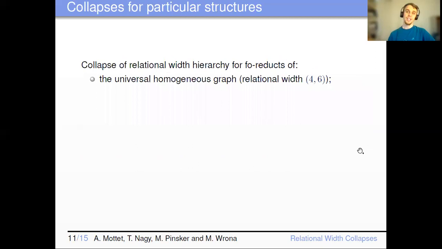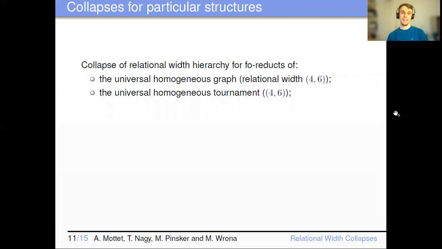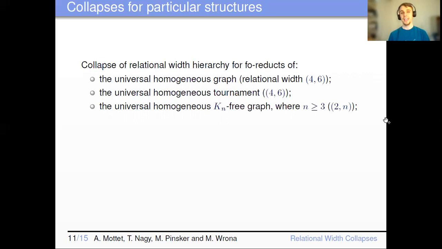And this result actually enables us to obtain a collapse for first order reducts of many interesting structures. So for example, the reducts of the universal homogeneous graph always have relational width (4,6) if they have bounded width. The same holds for the reducts of the universal homogeneous tournament. If we consider the Henson graphs, so the K_n-free graphs for some n, then their reducts always have relational width (2n, ...) if they have bounded width.